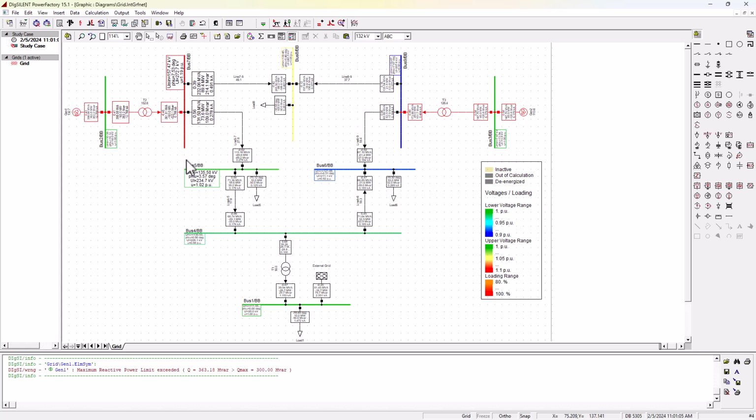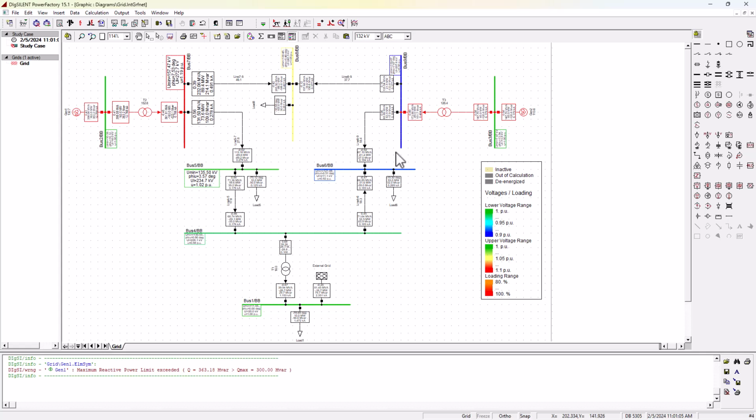It's pushing it high. So the overexcitation of the generator is causing it to generate more reactive power, which then causes the voltage at the bus to overshoot because the bus is underloaded compared to the situation going on here.